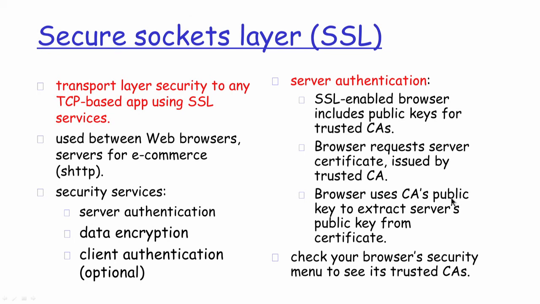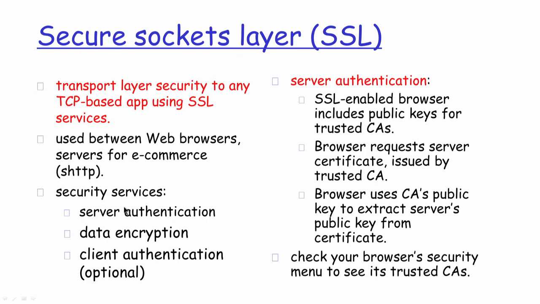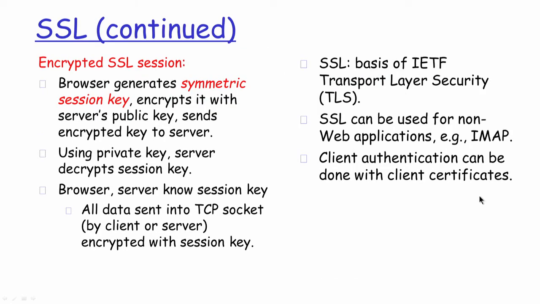Once this data, encrypted with the public key, is sent out by the browser and reaches the server, the server uses the private key that it knows internally, its own private key, to decrypt the data and get back the original data. That is how the Secure Sockets Layer helps with the encryption part as well as the authentication part, with server authentication done by the digital certificate which contains the public key of that server.